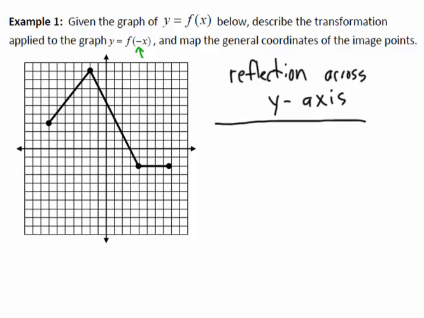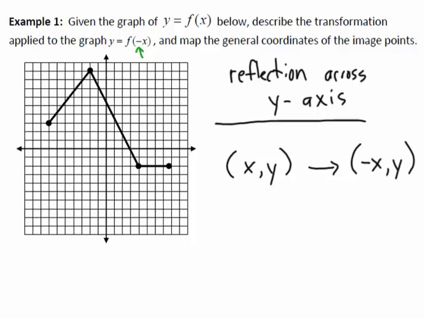And if we wanted to now apply this to the graph, that's going to take all of the x values and make them negative. So if we were mapping the general coordinates, our original coordinates were x, y. Our new coordinates: we take the original x and make it negative of what it was before, just reflect it. So let's look at a point here.